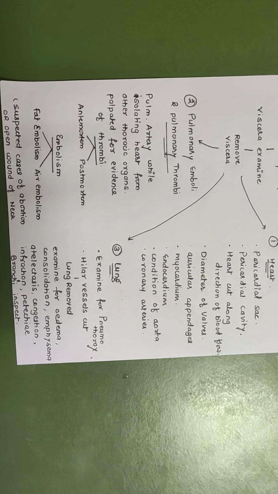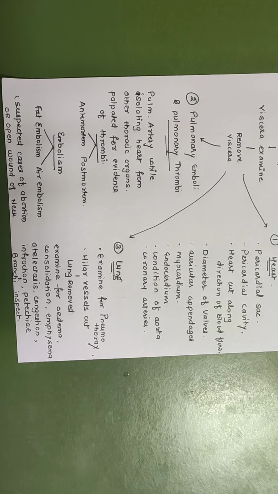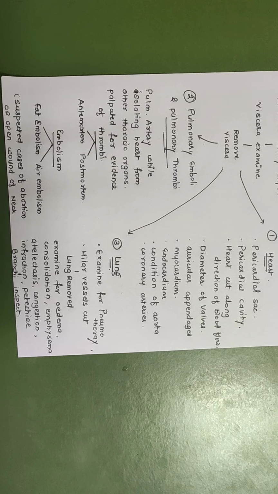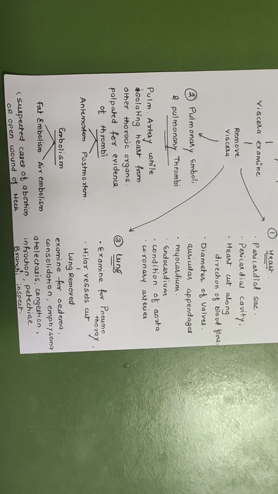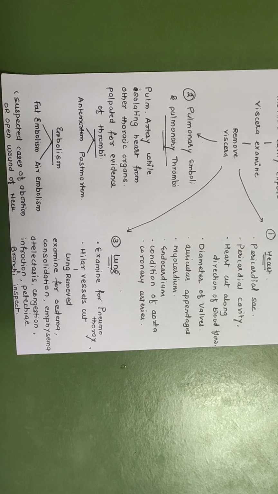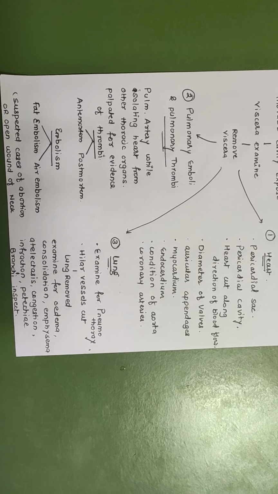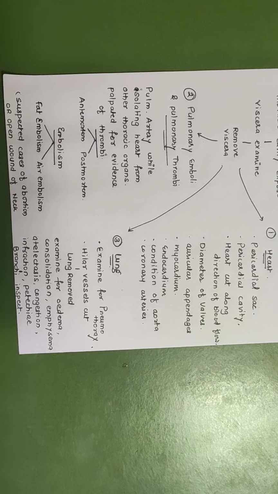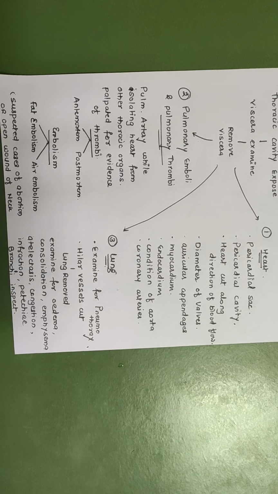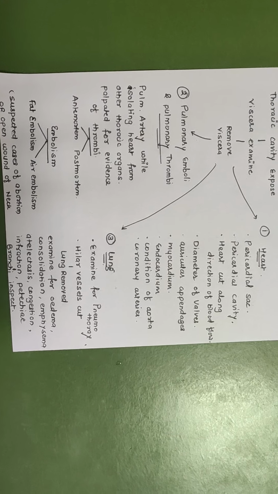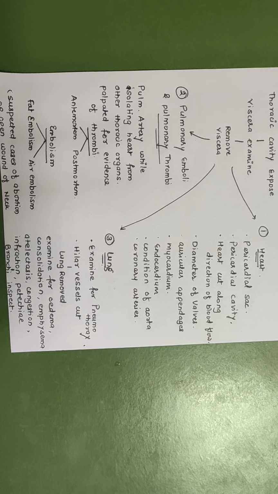How are antemortem and postmortem thrombi determined? First of all, antemortem thrombi are dry, while postmortem clots are wet. Antemortem thrombi are adherent to the lining of the endothelium, while postmortem clots are weakly adherent.